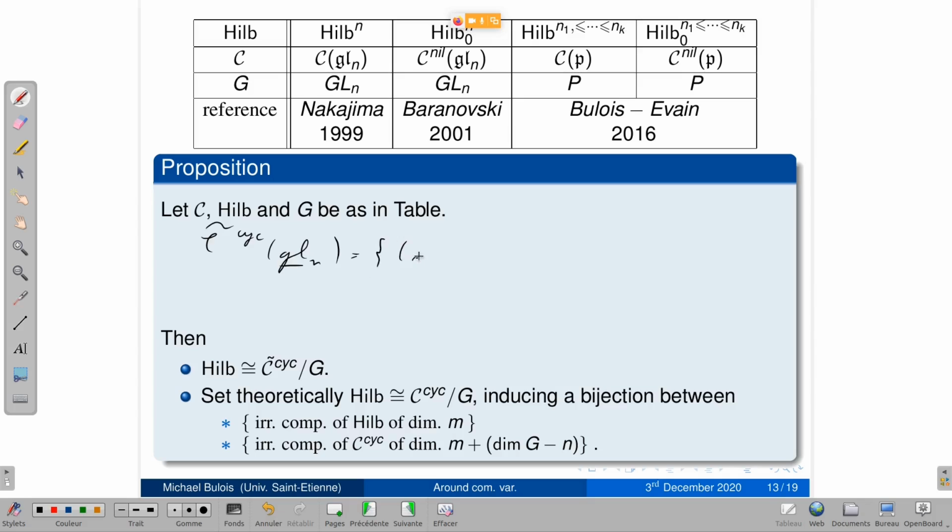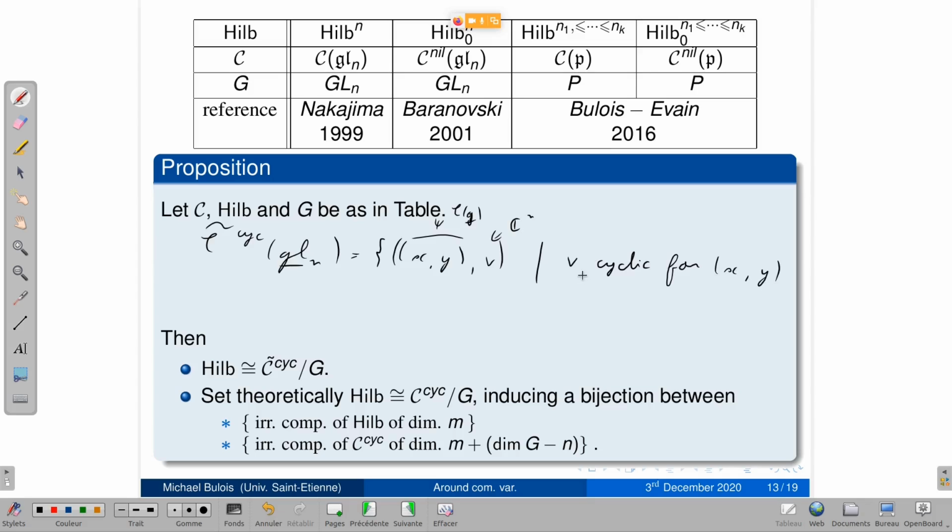This is the set of triplets x, y, and some v, where you ask (x, y) to lie in the commuting variety and v to lie in Cn. You have the action of GLn on Cn, and you ask that v is cyclic for (x, y).